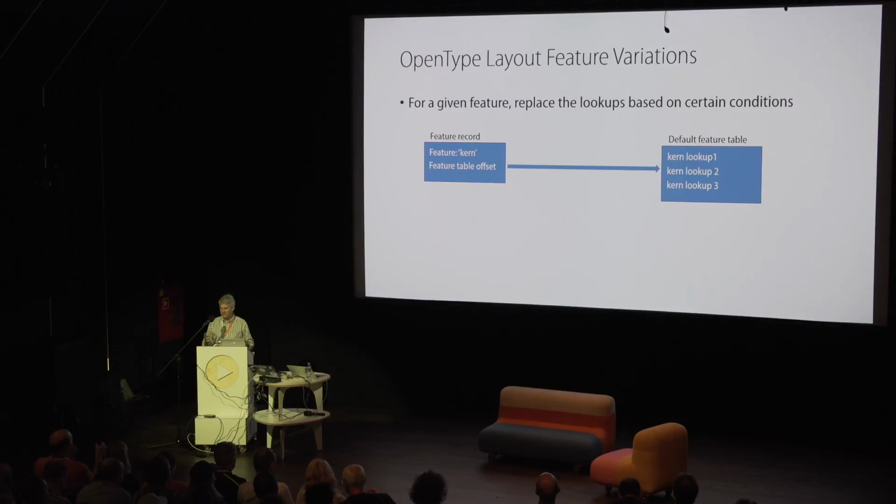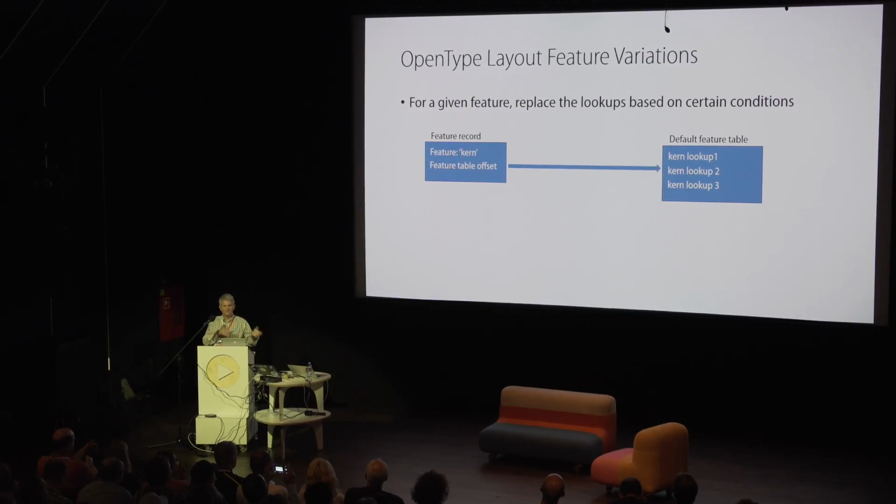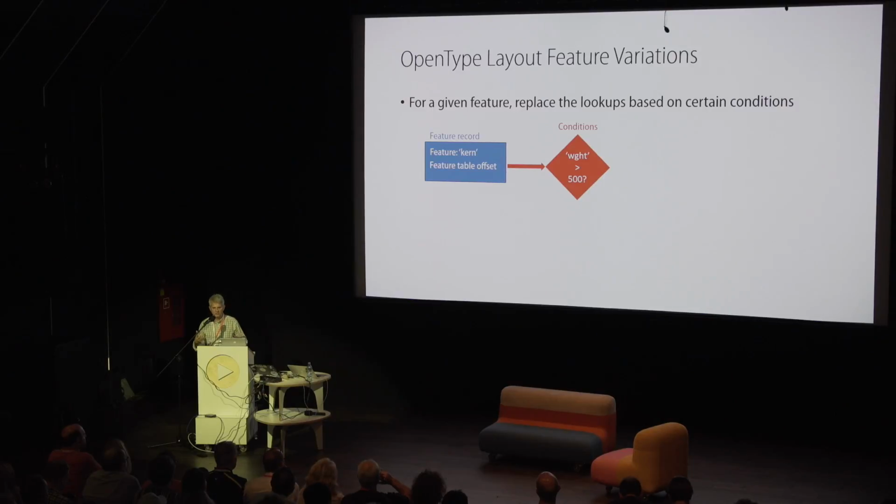And so in OpenType, in a GSUB table, you've got a feature record that identifies a particular feature and then maps that into some set of lookups or the actions that will occur. And so today there's just one default set of things that happen. But what we've introduced is this notion of conditions that can condition which particular set of lookups you're going to trigger by a feature.